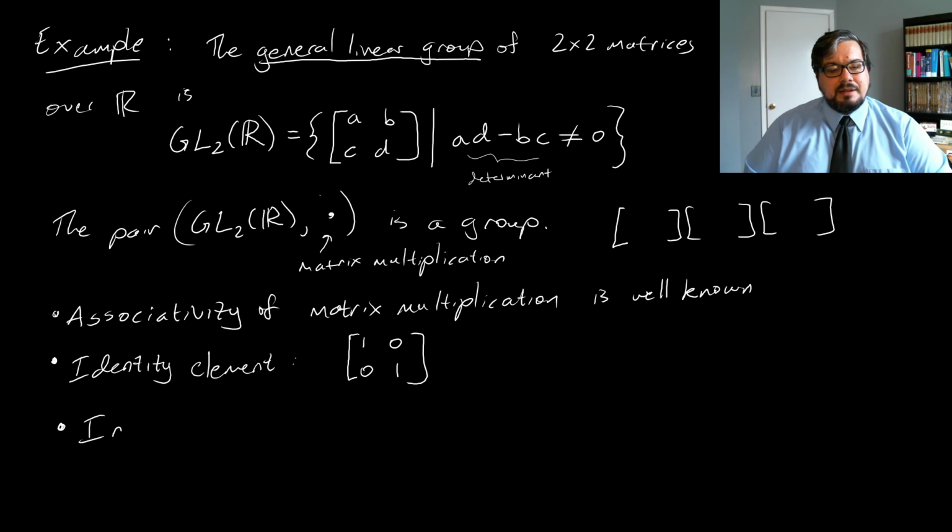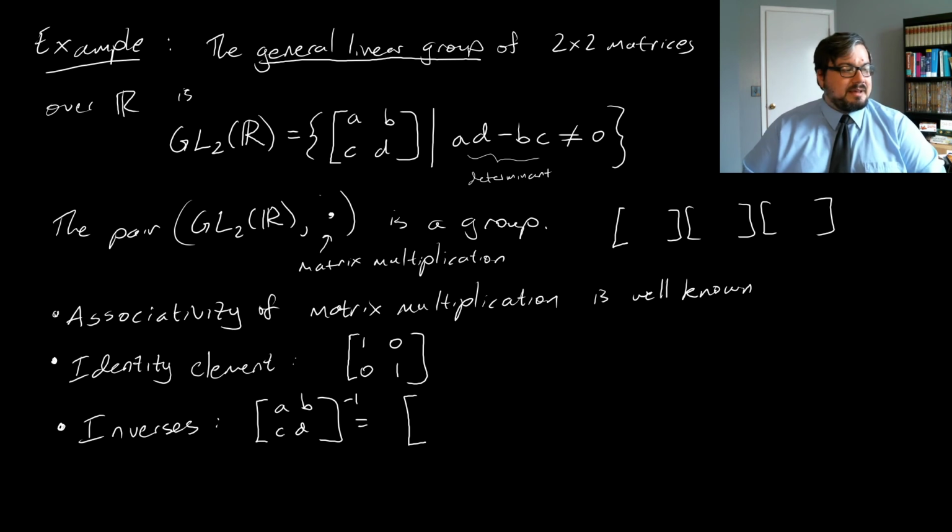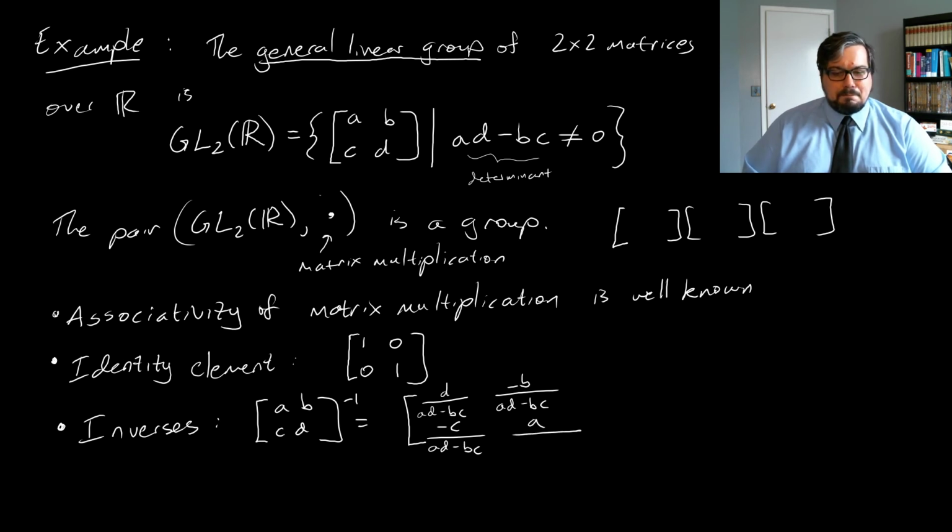And then finally, we do have inverses. There's an inverse formula for 2 by 2 matrices: the inverse of A, B, C, D is D over AD minus BC, negative B over AD minus BC, negative C over AD minus BC, and A over AD minus BC.